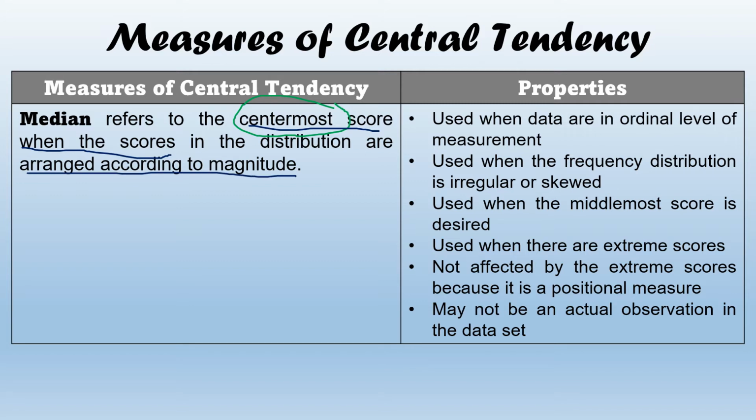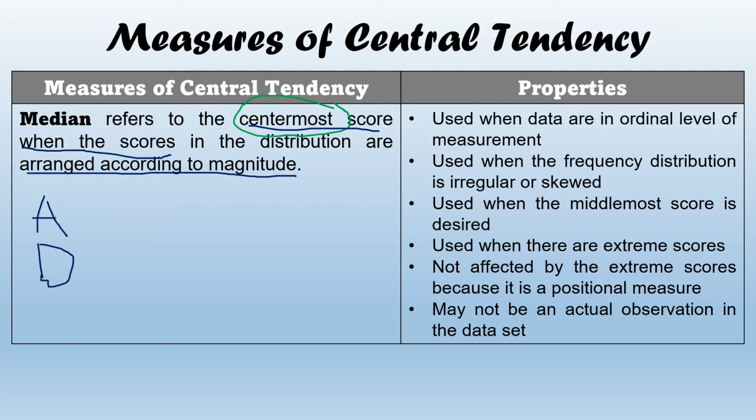according to magnitude. Meaning to say, I would like to emphasize this one, or I have to reiterate this, that for you to get the correct score or digit for median, you have to arrange them properly. You have to arrange the digits in a particular manner, which is nakadepende sa inyo kung gusto ba ninyo ng ascending or descending.